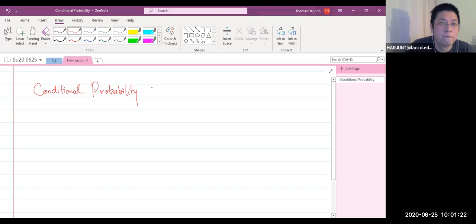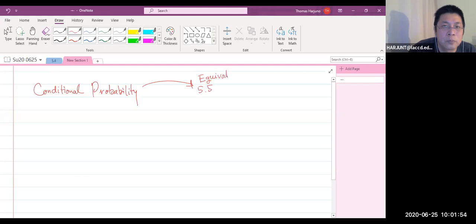So last semester in spring, I stopped at conditional probability, and when we met again 3 weeks later, because of spring break, the material after this, which is 5.5, was taught online already.